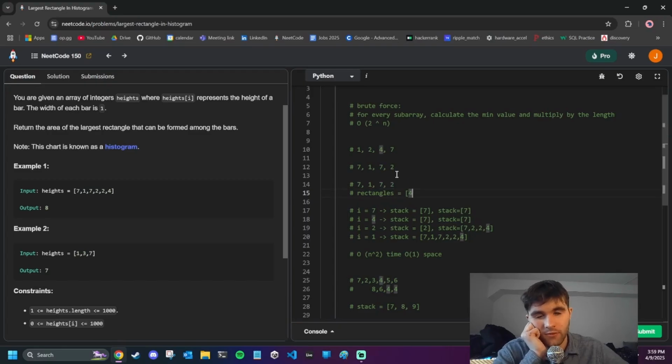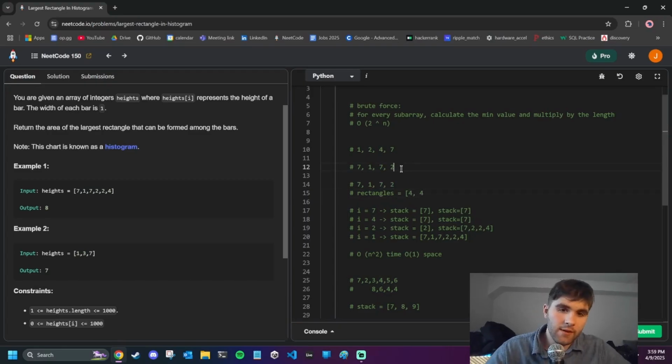So that's also 4. At this point, I don't know if there's any way to tell which rectangle will prevail, I guess.